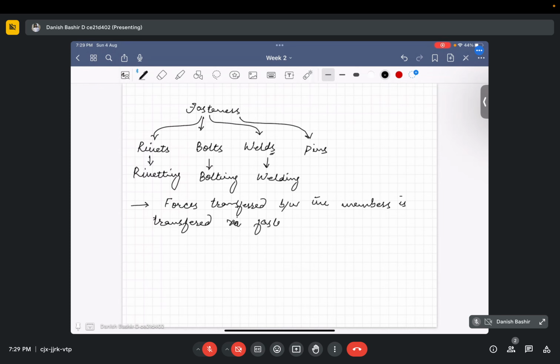So the fasteners should be adequate enough to transfer forces safely. This is important.